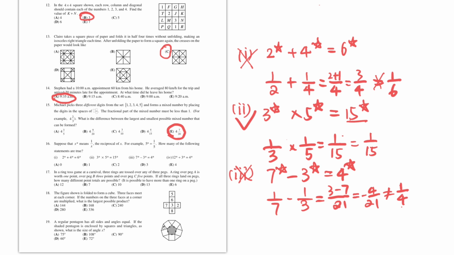The last one, 12 star divided by 3 star equals 4 star. 12 star is 1 over 12 divided by 3 star, 1 over 3.